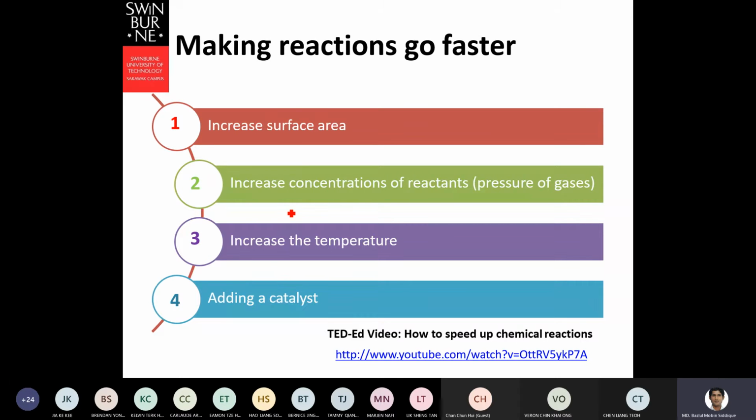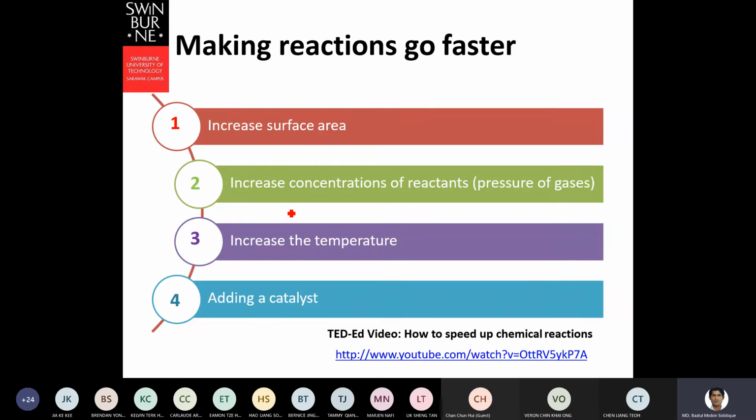So if a big solid sphere is broken into pieces, its surface area will increase. If we make it very small particles, the surface area will increase. Surface area is important, and if the surface area increases, more collisions will happen, since more particles can bombard the surface.